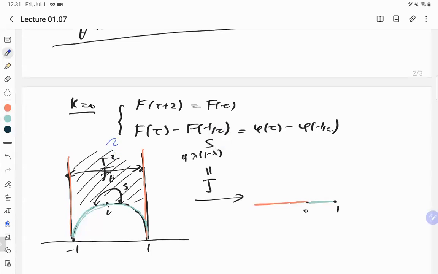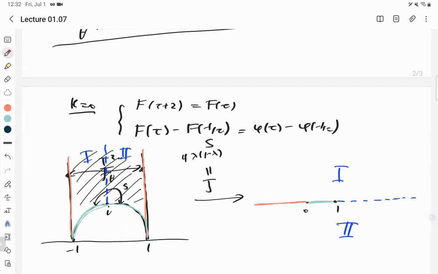So it's this line, and it's mapped to this ray here. Okay, so now there's like 2 bits, 1 and 2, and I think it's preserving the orientation. If I'm wrong, it doesn't really matter.